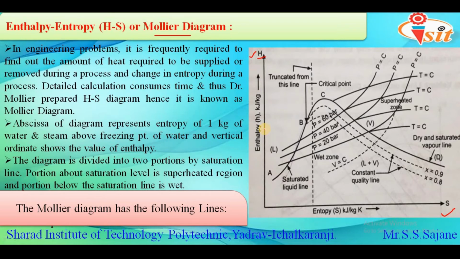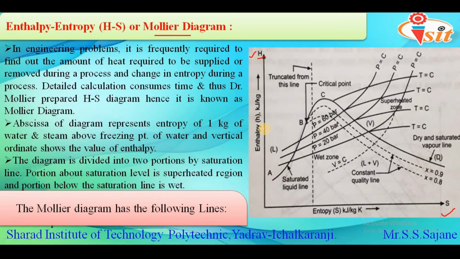So if we are going to prefer the theoretical formulas for the calculation regarding the amount of heat which is supplied or to be removed, then it is generally time consuming, and for this purpose Dr. Molier prepared this HS diagram, and thus this enthalpy versus entropy diagram is called as Molier diagram.